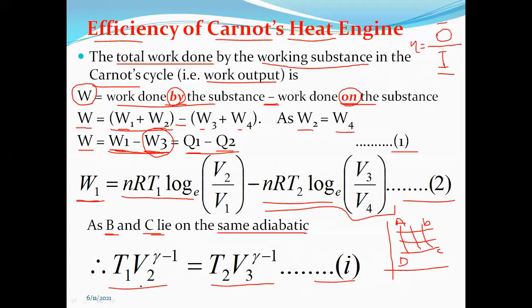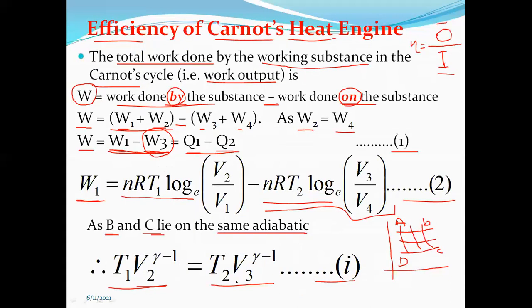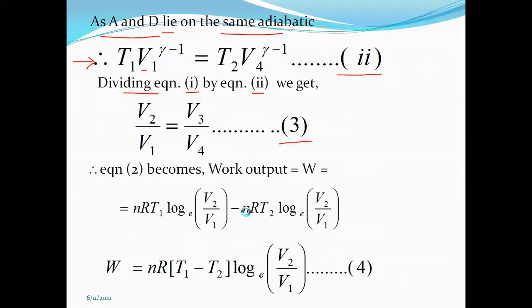Therefore, this is V2 and this is V1, that is V2 upon V1 is equal to V3 upon V4, since T1 upon T2 is equal to 1. This is the third equation, that is V2 upon V1 is equal to V3 upon V4.